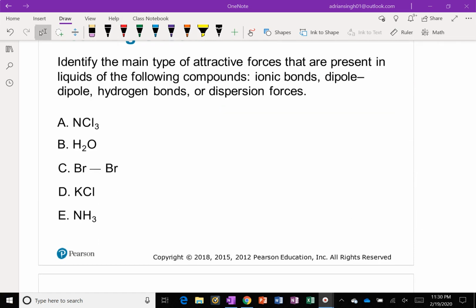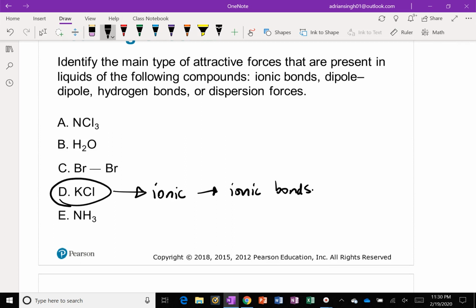If you were asked to determine the types of attractive forces that are present between the particles of a compound, the first thing you have to decide is whether the molecule is polar, non-polar, whether it's ionic, or whether you can have the possibility of hydrogen bonding, right? So typically that would involve having to draw your Lewis structure. So if we look at something like KCl, as you know, you can see there's a metal in there, so right away we know that's going to be ionic, right? So it's going to be held together by ionic bonds.